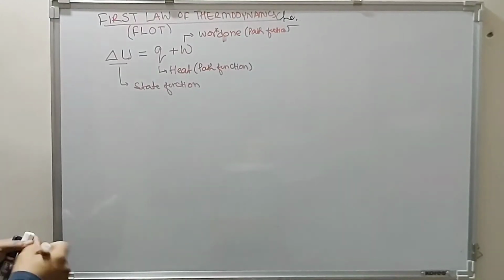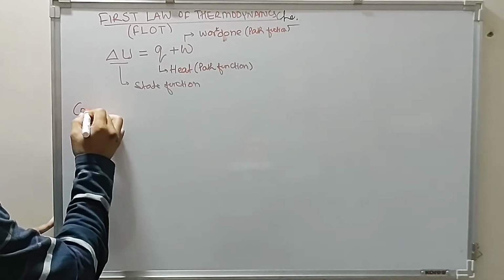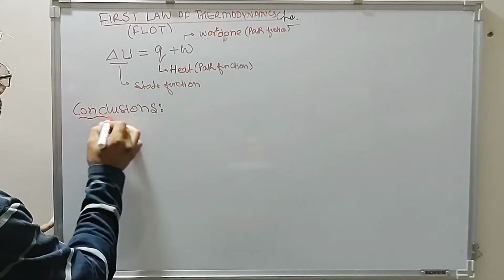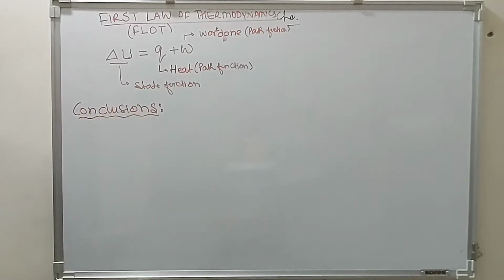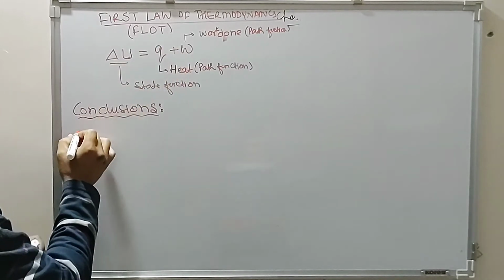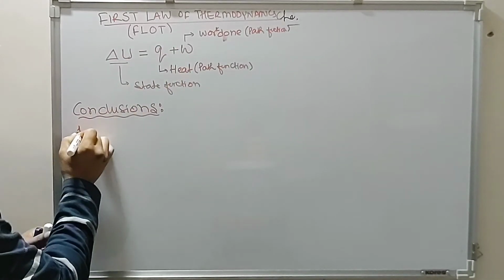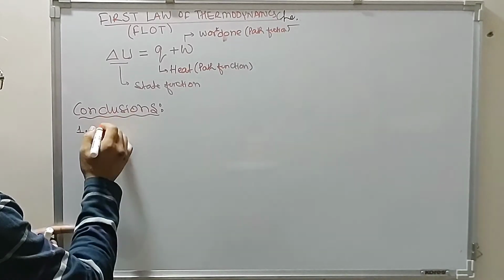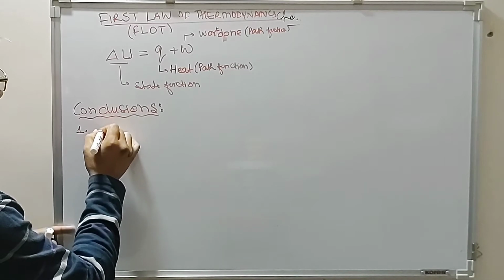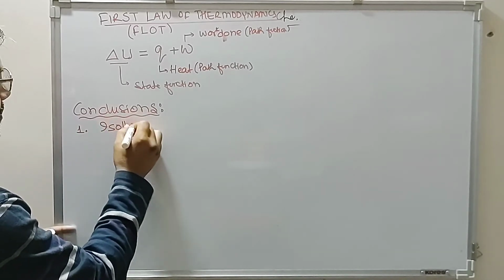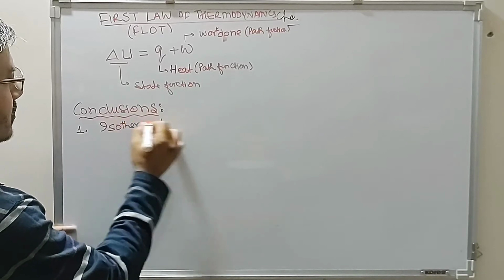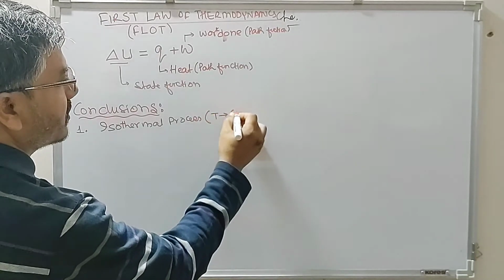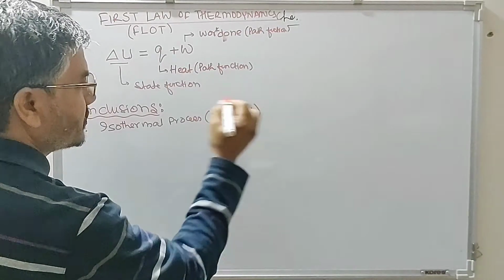So coming to the conclusions from this first law of thermodynamics. Firstly, for an isothermal process, isothermal process means temperature remaining constant.